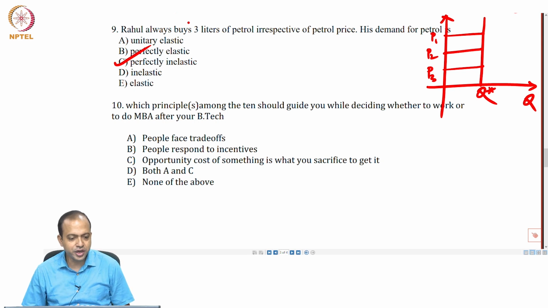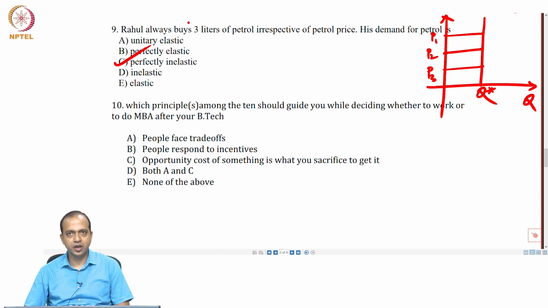So, which among the 10 principles? Firstly, people face trade-offs; people respond to incentives; opportunity cost of something is what you sacrifice to get it; both A and C; none of the above. Now, first option, people face trade-offs. Is it applicable? Yes. This is a situation where you are facing a trade-off between either to work or to go for MBA.